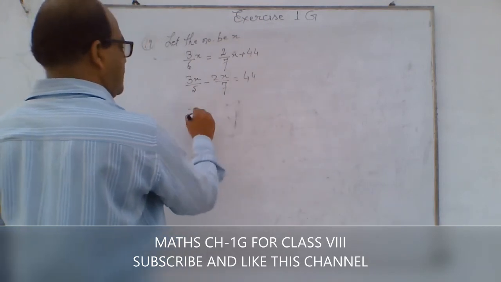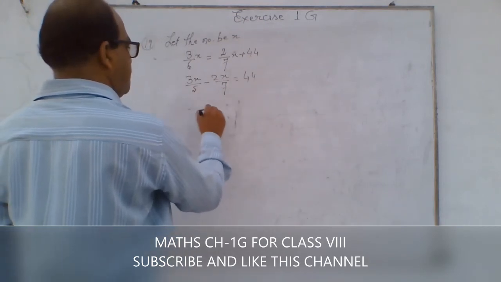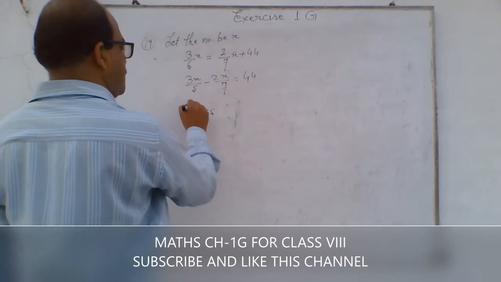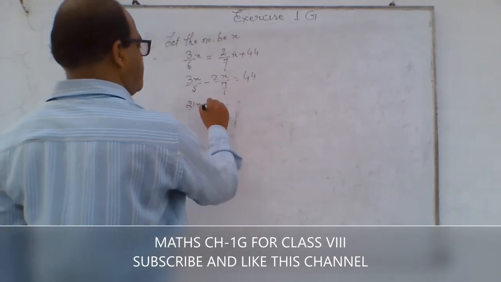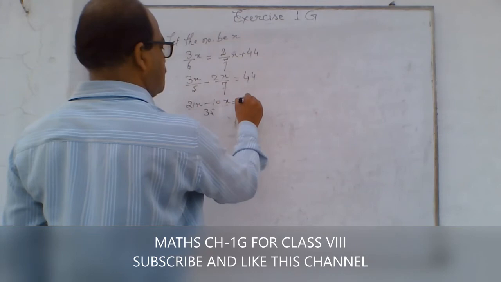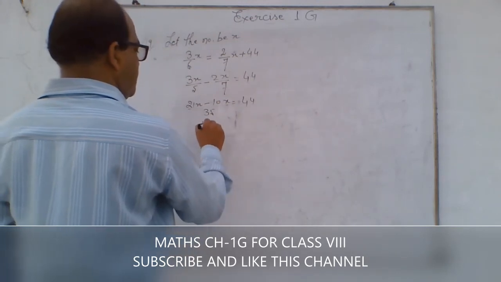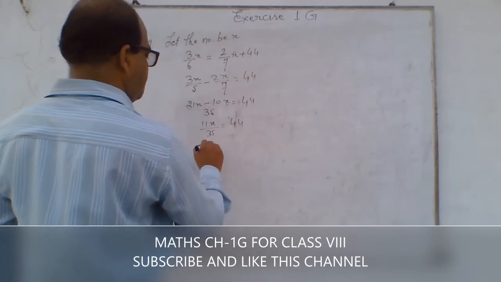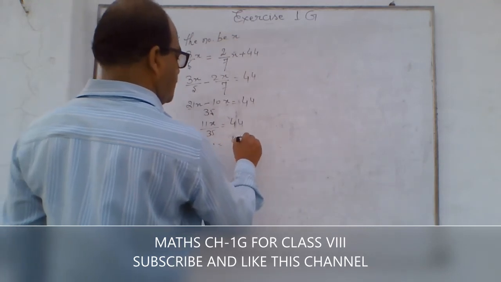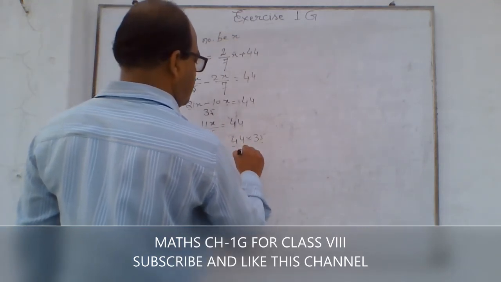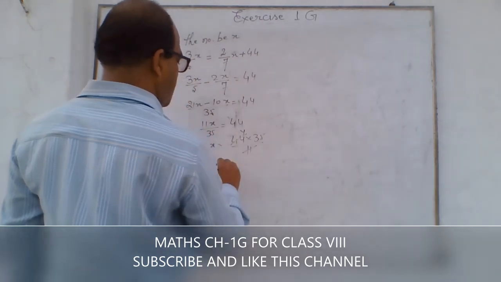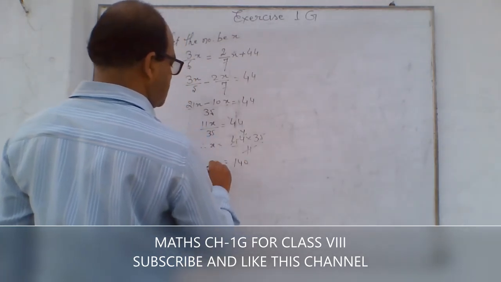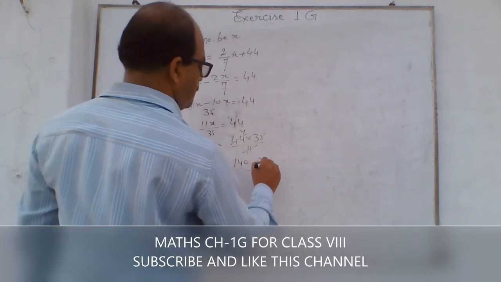Take the LCM, 35. 5 7s are 35, 21x minus 10x, so 11x by 35 is equal to 44. Therefore, x is equal to 44 into 35 by 11. 11 fours are 44, and the answer is 140. This one the answer.